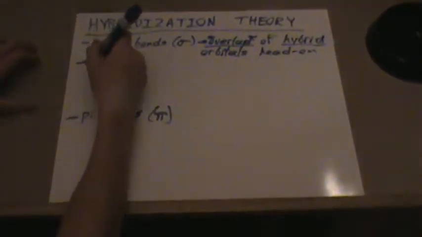Sigma bonds create areas of electron density.